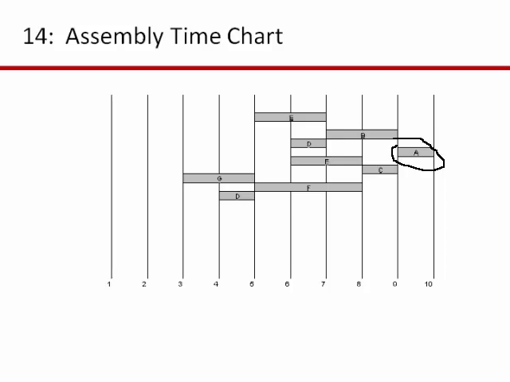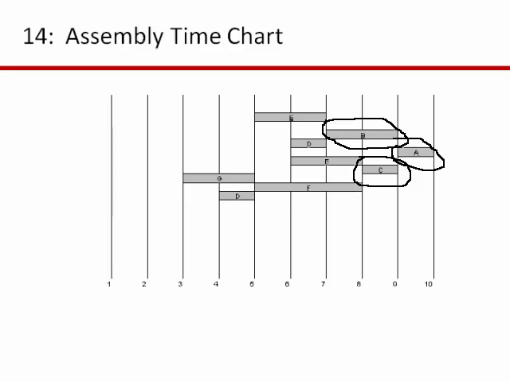A had a B and a C as children. We don't have to put quantities on assembly time charts, we just have to put lead times. So B had a lead time of 2 weeks, and C had a lead time of 1 week. Before we can start A in week 9, we have to get done with B and C.